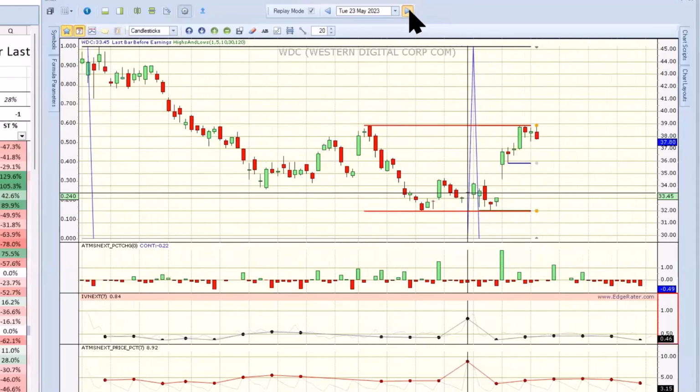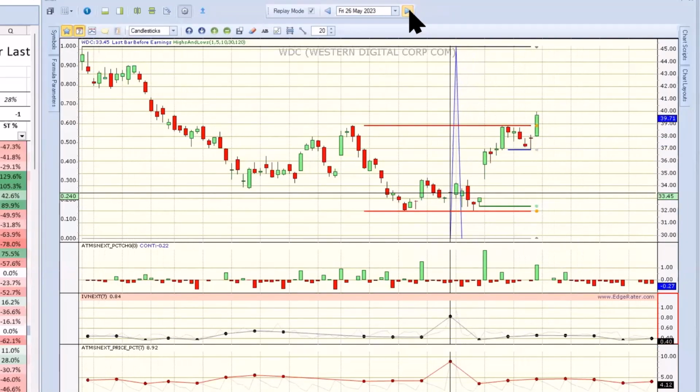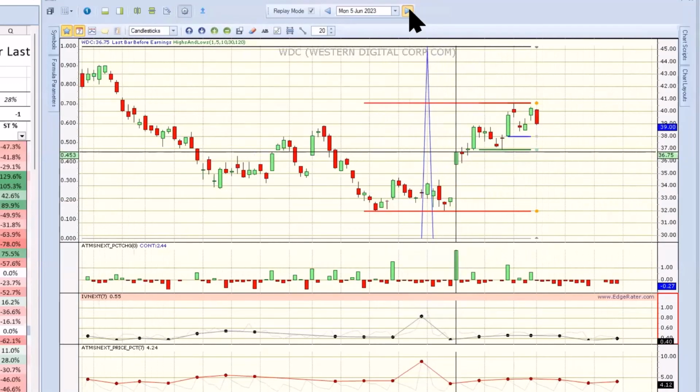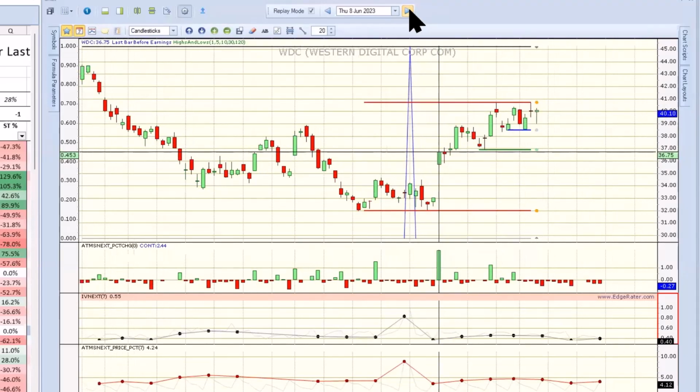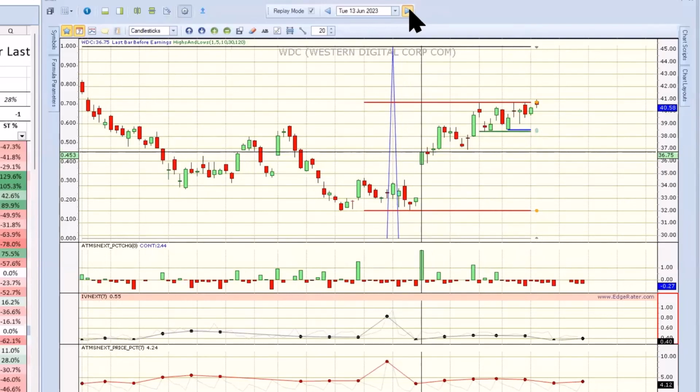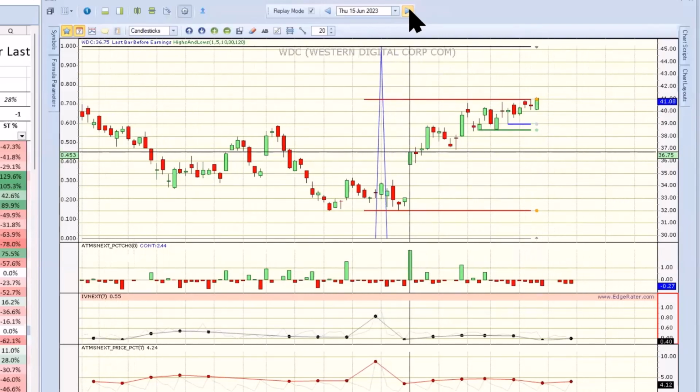I'm going to play it forward a bit more. It does actually come back down, then breaks through this 30-day level. And as we see, we're just going forward here, price consolidating, just kind of inching higher as we go forward.